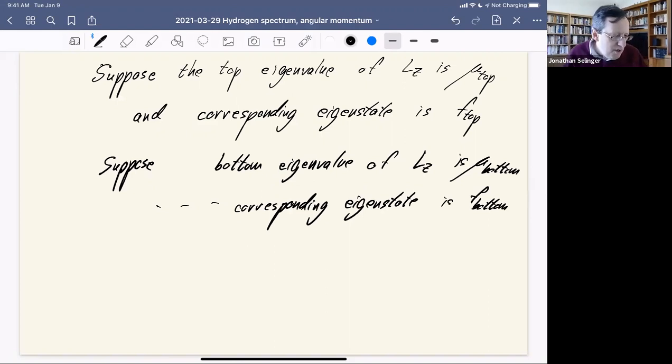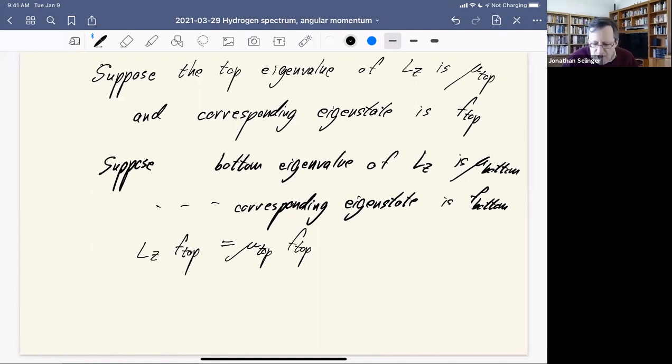So what do we know about the top? One thing we know is that Lz acting on F top has to be mu top times F top.